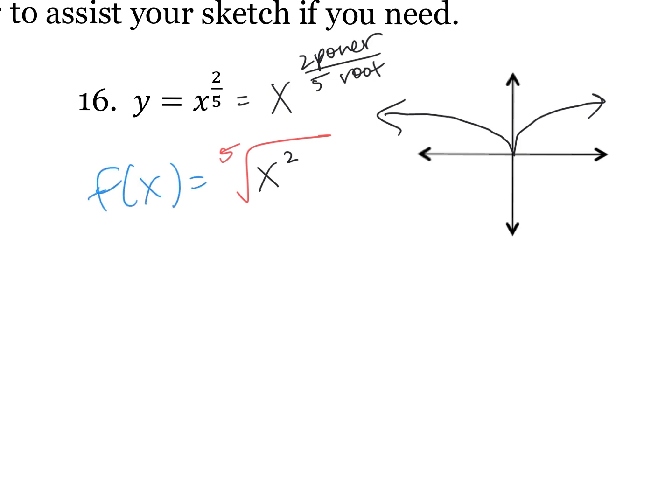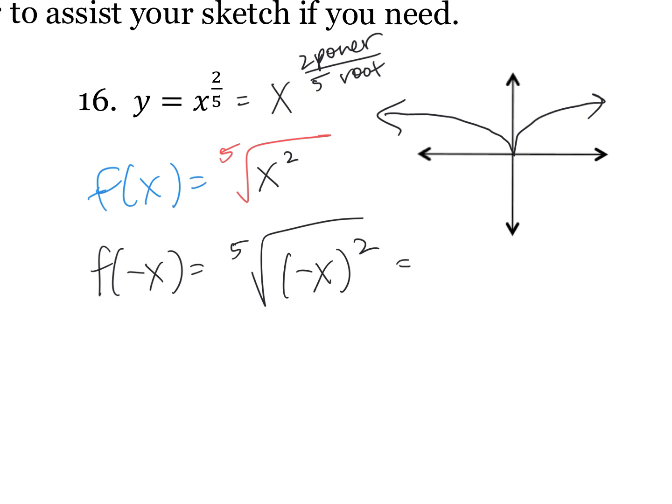And then to solve these, we got to go plug in a negative x for all my x's. So I'm going to go plug in a negative x. And what would that get if I simplified that? What's any negative squared? Positive. So wouldn't that just get the 5th root of x squared? Or x to the power over root?